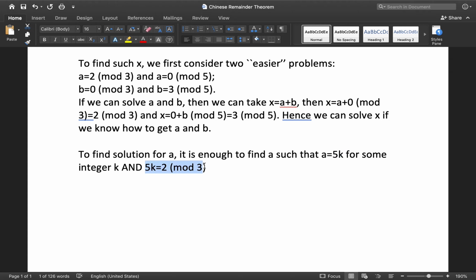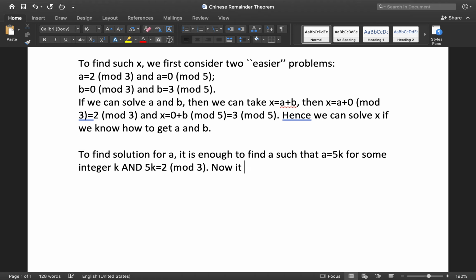So how can you get k which satisfies 5k congruent to 2? Well, now you just have one linear congruence equation, and you can apply the method we did in the previous video. Now you just have to solve for k.